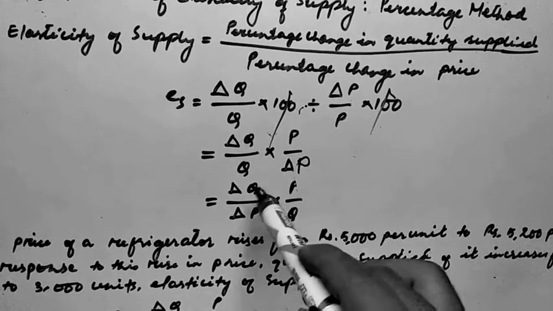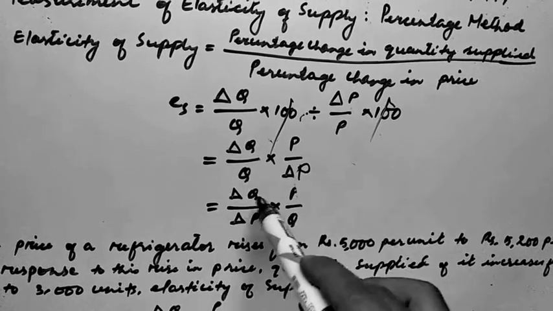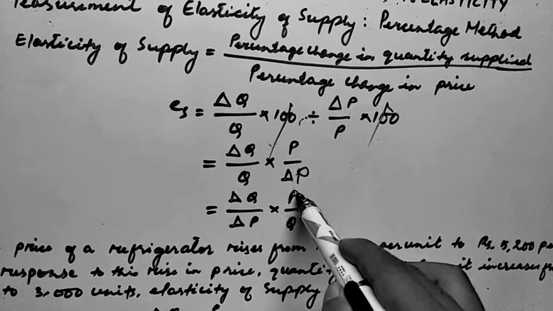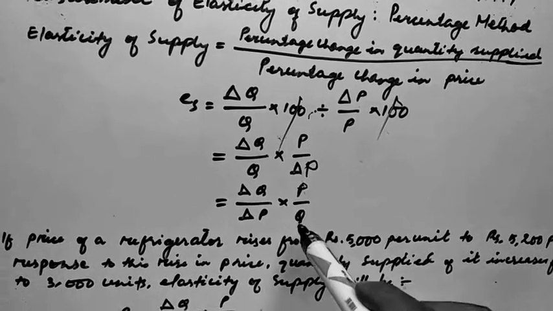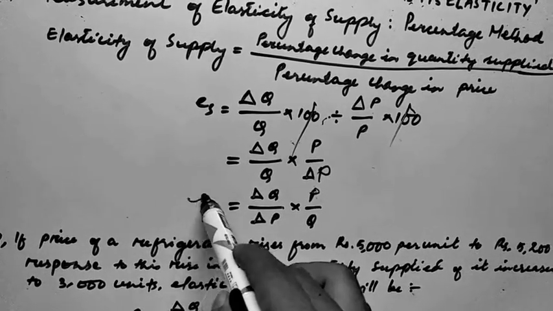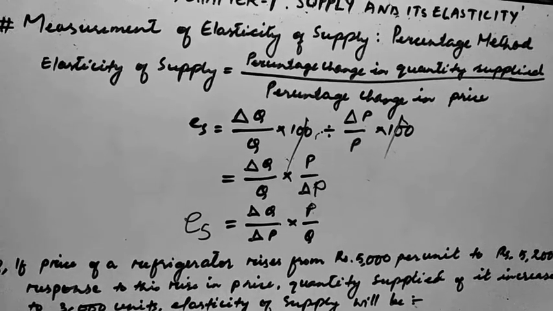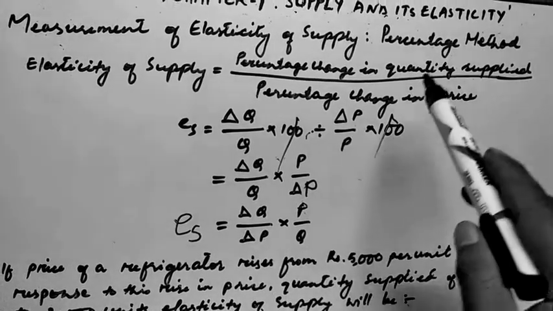At last what we have is change in Q by change in P into P by Q. So this is the formula for the elasticity of supply in the percentage method.